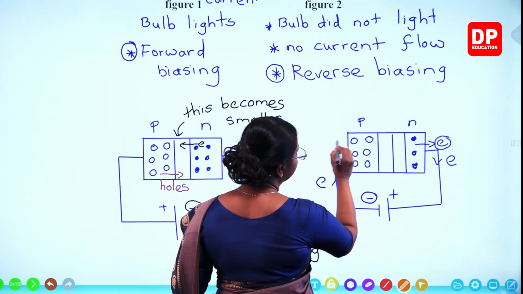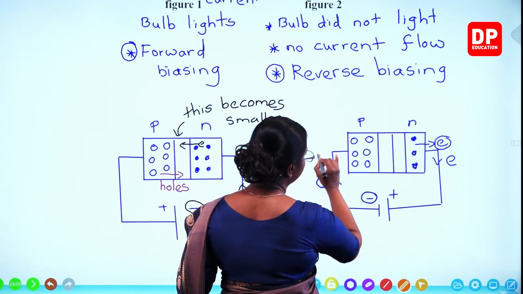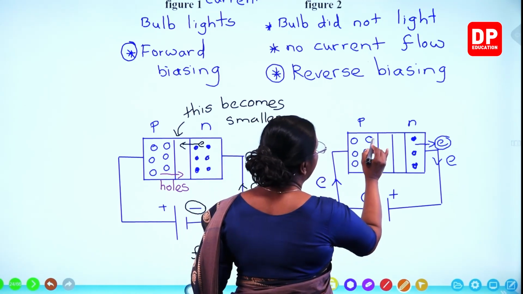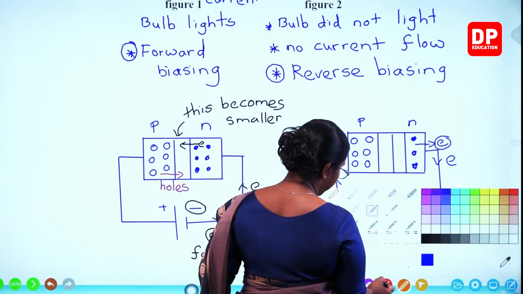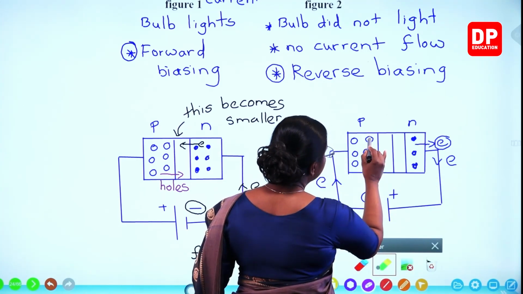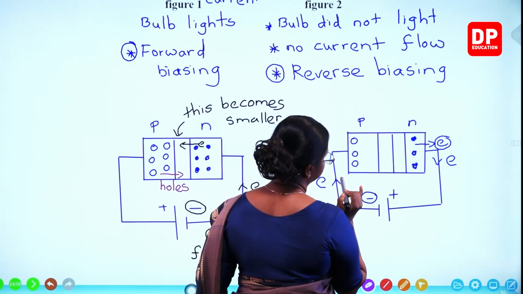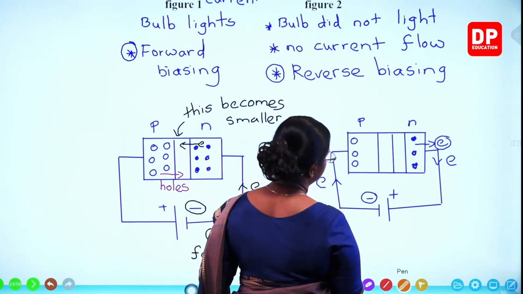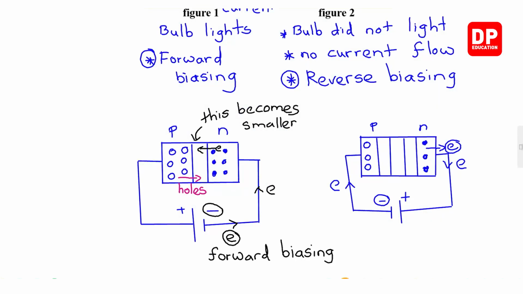Electrons will get attracted to the holes, they will move towards the P region and they will fill up these holes there. So because of that, this side also the depletion region will widen. Now what has happened? The depletion region has become more broader.